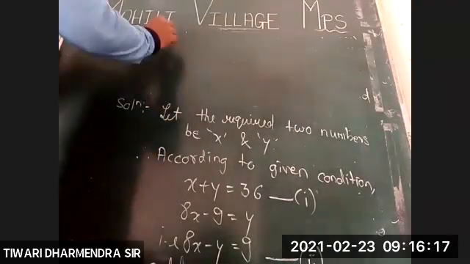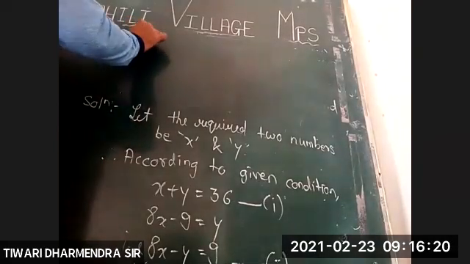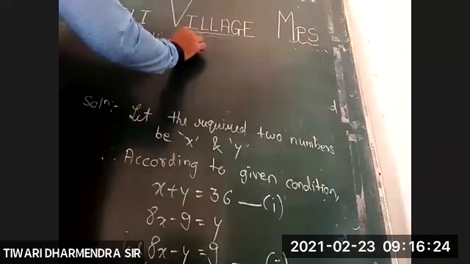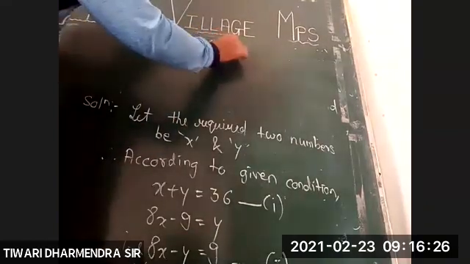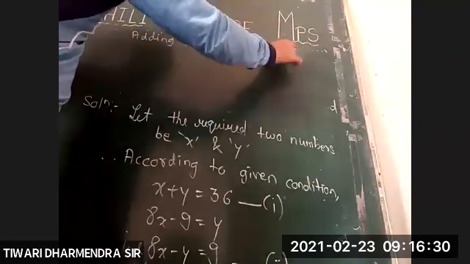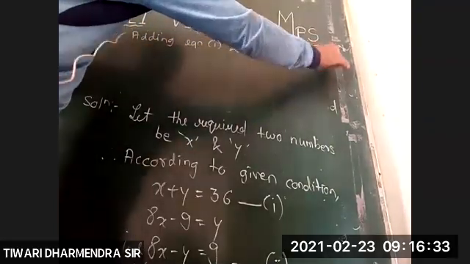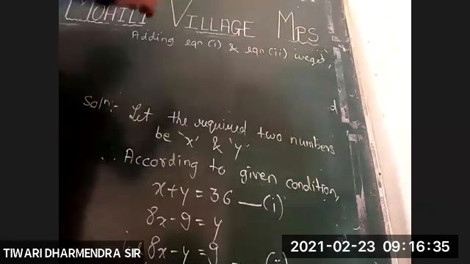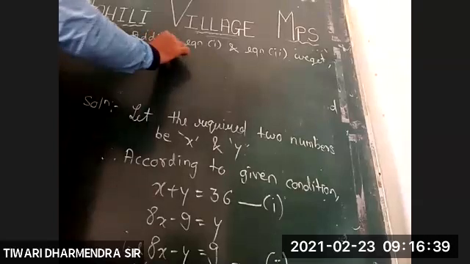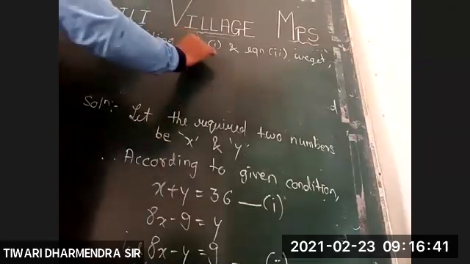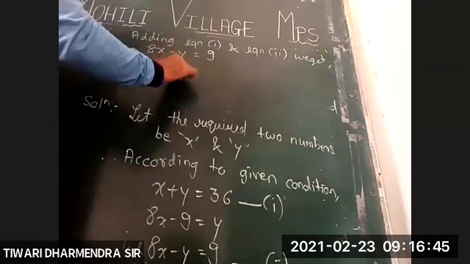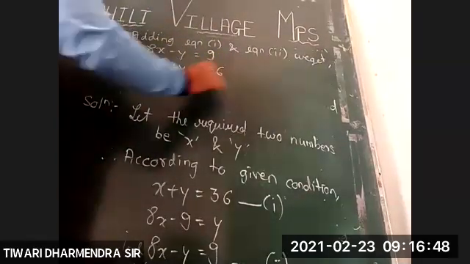So adding equation 1 and equation 2, we get 8x minus y is equal to 9, and x plus y is equal to 36.